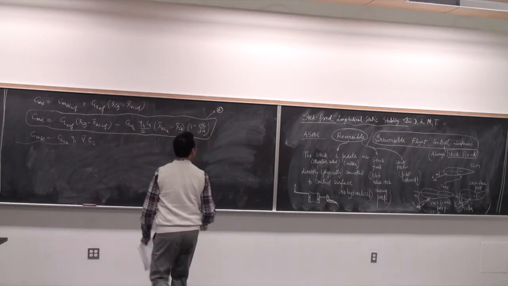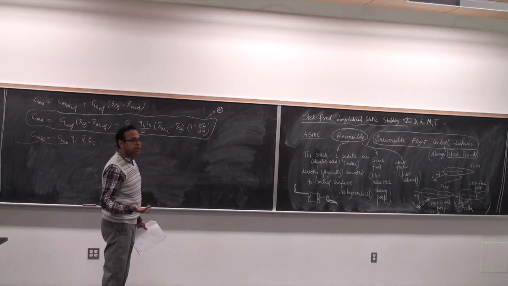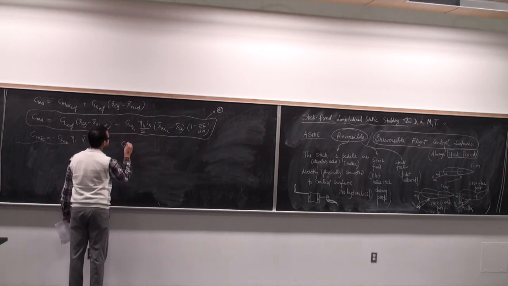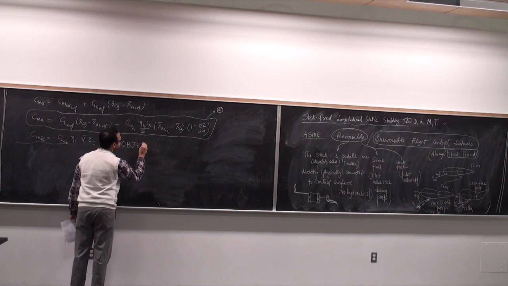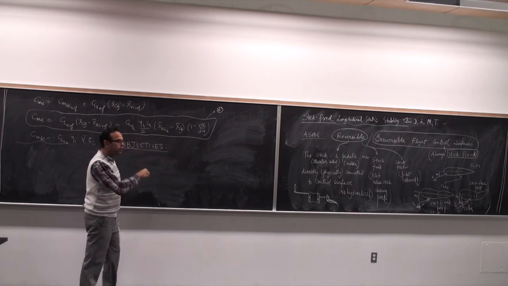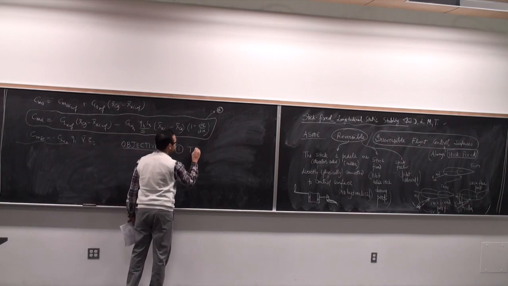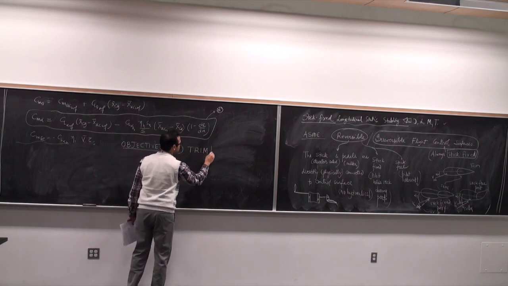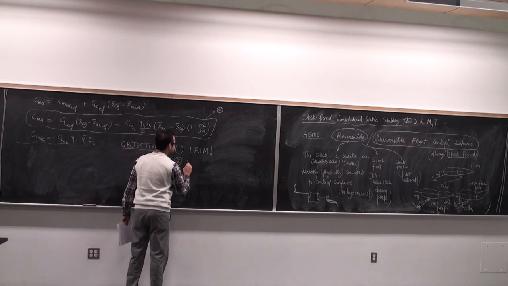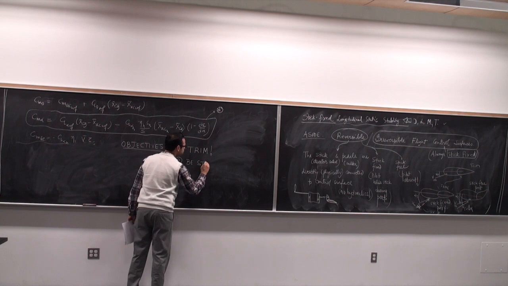So, what are the conditions? What are we seeking here? We are, of course, looking at only the longitudinal motion, and the objectives. There are two objectives. One, achieve trim, right? And two, be stable to perturbations.